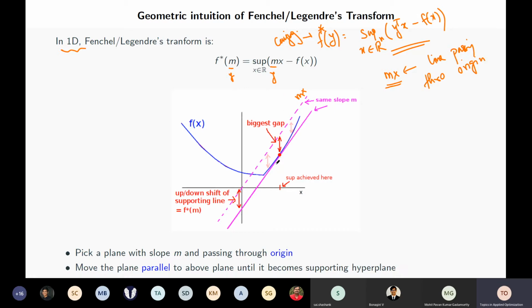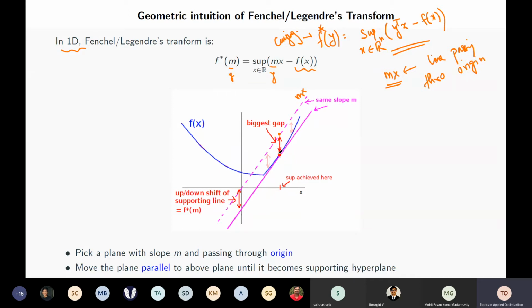In this example, I have a line with slope m. What I will do is move this line parallelly until the point where I hit f(x), because f(x) must be a point on f.